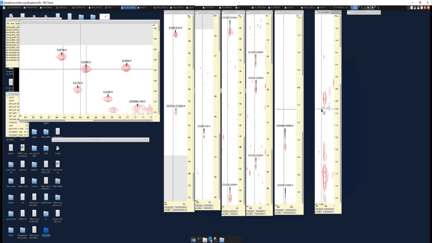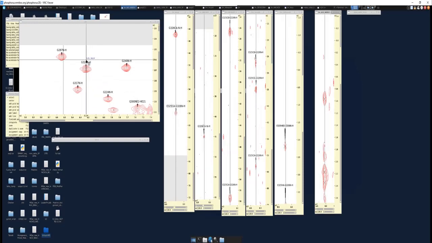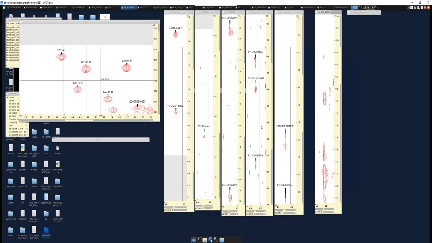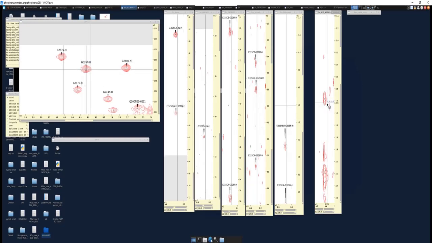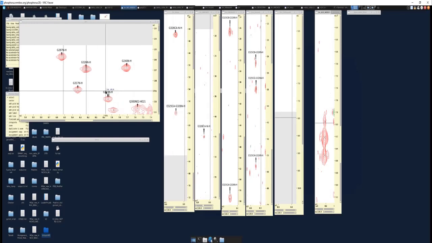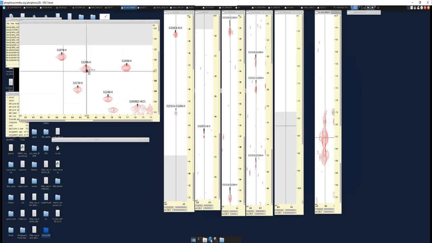And if you have the structure, you can see, based off this glycine 326, what methyl groups are nearby through space and potentially assign your methyl groups using just this by itself. We'll discuss this in a later video, but for now I just wanted to show how you can use this NOESY to assist within your assignments. It's an incredibly useful experiment, and I'd recommend confirming every single assignment you have with your NOESY.